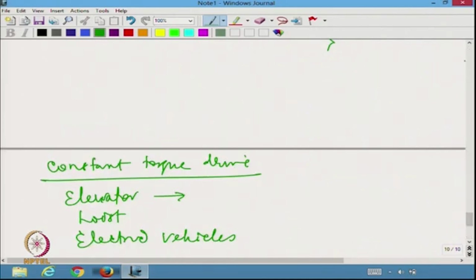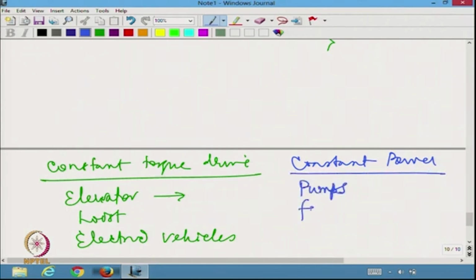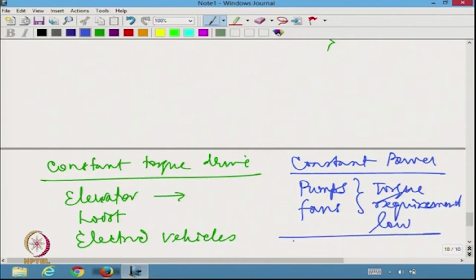whereas I am going to have constant power zone. If I try to look at constant power zone, for example, some of the pumps, fans and so on, they do not require such a large value of torque. The torque requirement is low. So, I might like to go for constant power kind of drive.